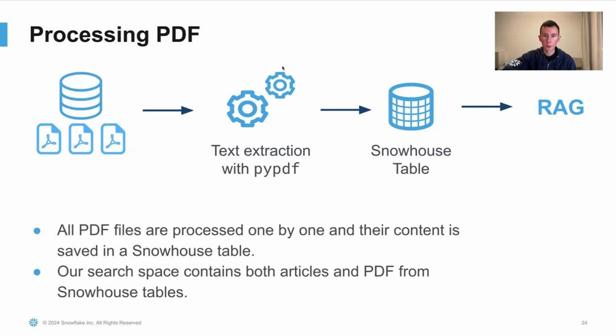And then our RAG is able to directly search for information in this Snowhouse table. So in the end, our search space for the RAG contains both articles, processed HTML web pages, and also processed PDFs. That's why we can retrieve information from both web pages and PDFs at the same time.